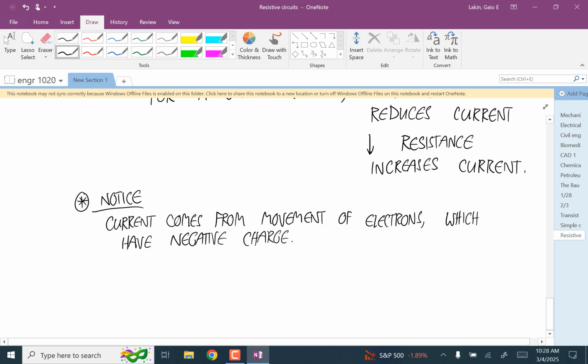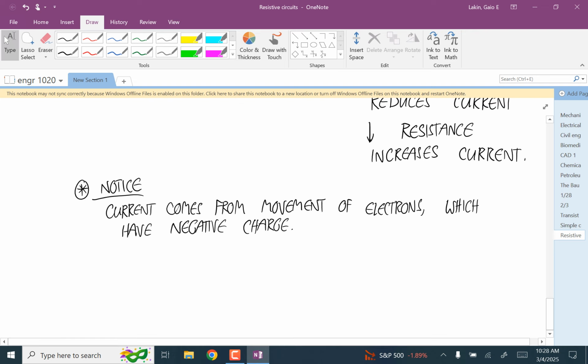But our conventions for most electrical calculations were already set by the time people discovered electrons. There was a 50% chance of getting it right, and it happens that people got it backwards. So what we call a positive current is actually the opposite direction that electrons are moving because of their negative charge.